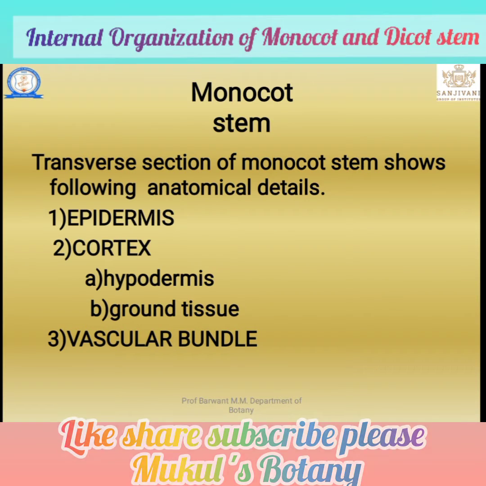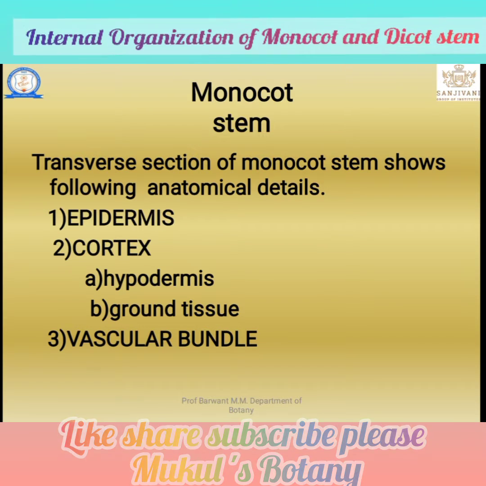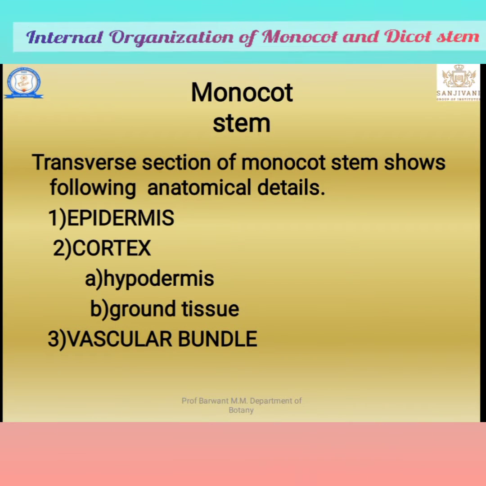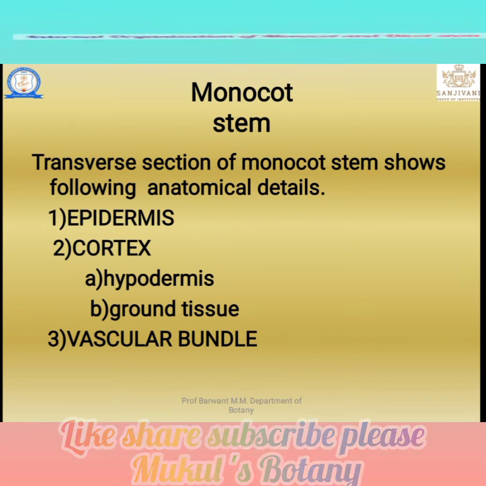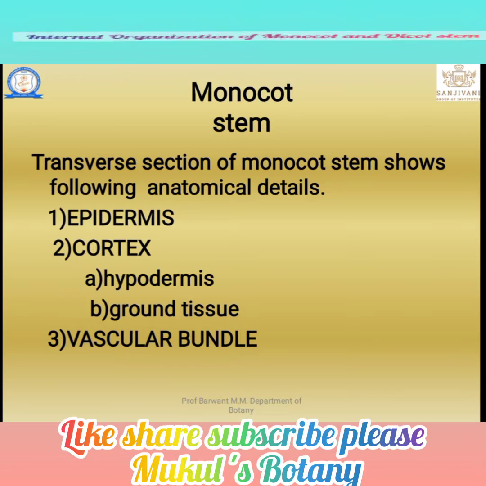For example, in every human being the parts are the same: eyes, brain, hands, stomach, legs, all parts are the same, but the characterization is different. In the same way, in internal organization we are seeing the parts are the same: first epidermis, cortex and stele, but their arrangement and characteristics are different.